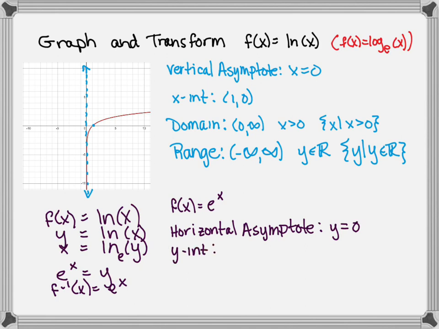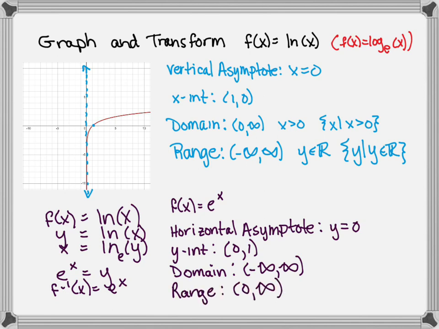Instead, it has a y-intercept at (0, 1). And the domain and range are swapped. So the domain is all real numbers, and the range is from 0 to infinity, or y is greater than 0. So there is a relationship between these attributes because these two functions are inverses.